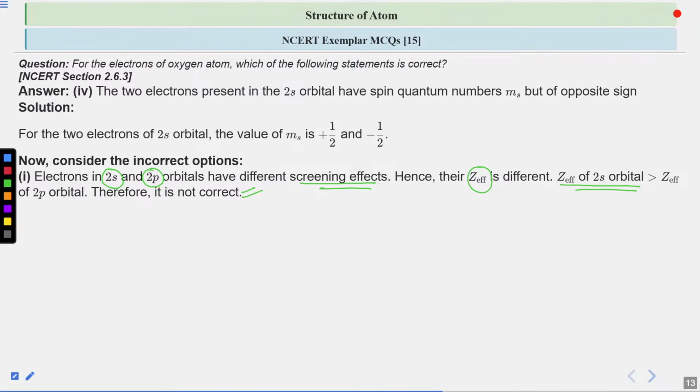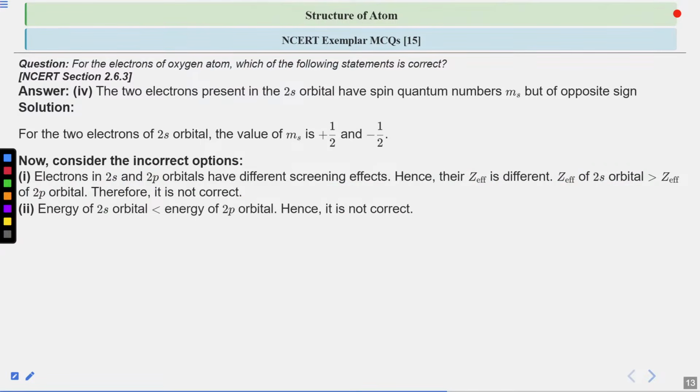As a result of greater penetration effect of the s orbital, it will remain closer to the nucleus, and hence this Z effective, which is simply the force that is applied onto the orbital, increases because of its closer vicinity. Is this point clear to all of you? Now moving on to the next point.